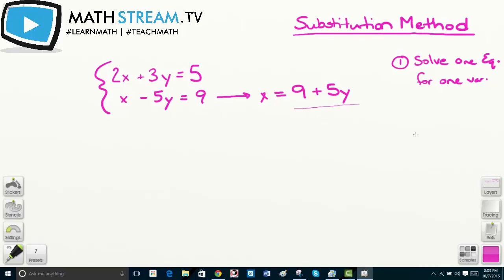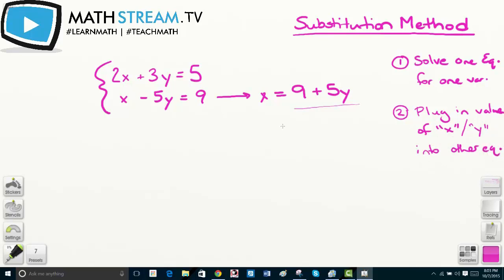The second step of the substitution method is to take that value, 9 plus 5y, and plug it in to the other equation. So plug in value of, in this case, x. It could be x or y, depending, into other equation.